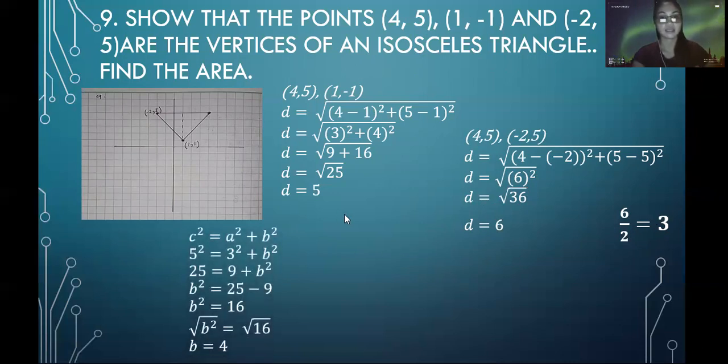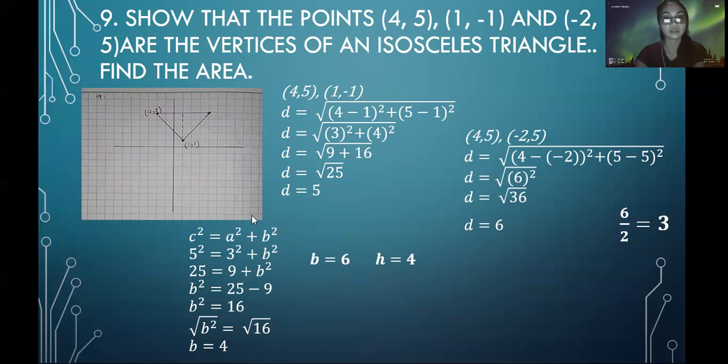To find the area, we are able to use the Pythagorean theorem, which is c squared is equal to a squared plus b squared.